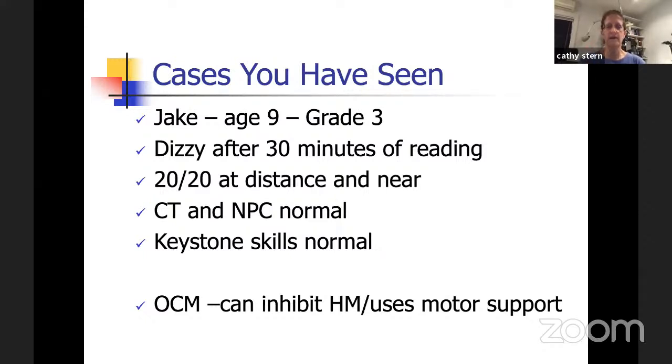So what does that mean? That means when I went to do pursuits, he started to move his head to follow. But when I asked him, could he now follow it without moving his head? I never tell them that it's wrong. I say, that was great. Did you notice that you were following it with your eyes and by moving your head? And the vast majority of children will say yes.